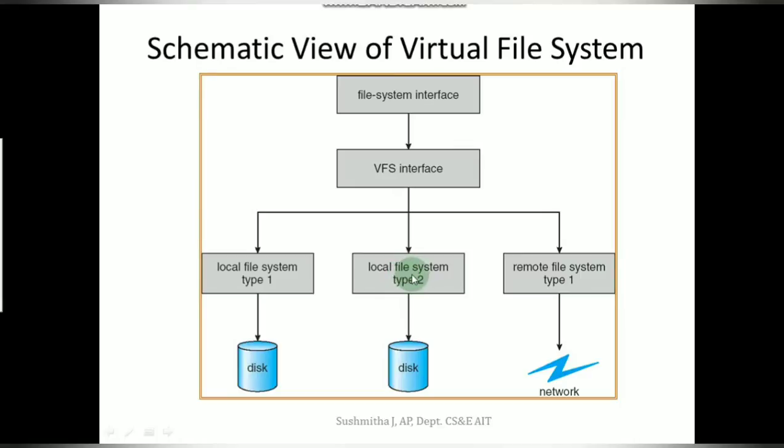The second thing is, it also provides a mechanism for uniquely representing a file throughout the network. The virtual file system is based on the file representation structure called the vnode. So vnode is a numerical value that will be unique network wide.